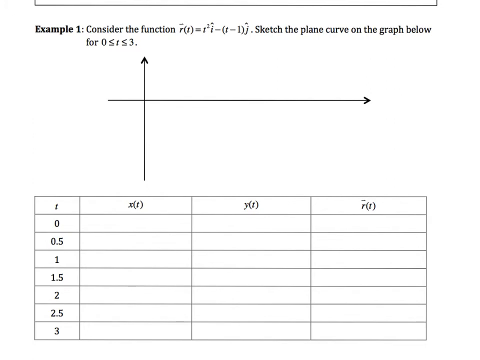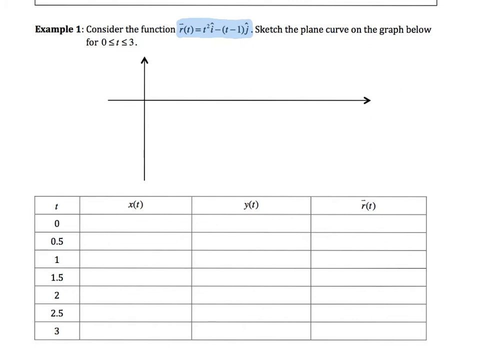All right, we've got a vector valued function r, and then we have each of its component functions. All right, so in this case, the t squared, right, that's attached to the i hat, that would be x of t, right?